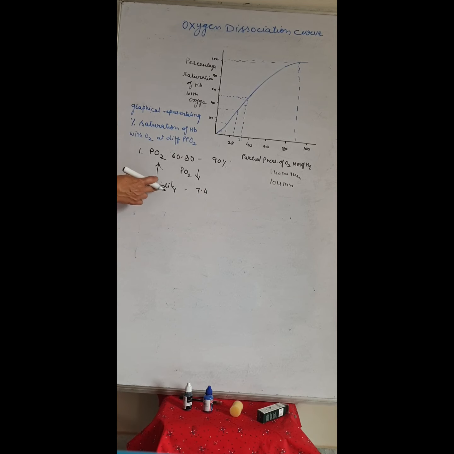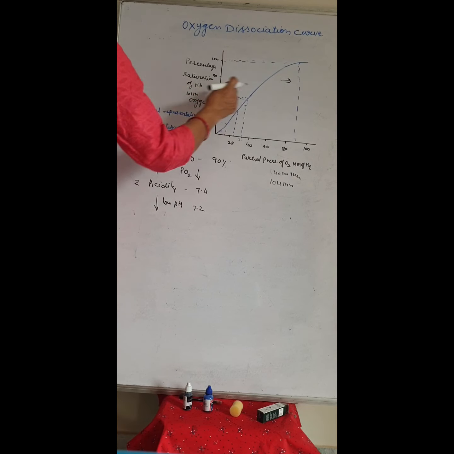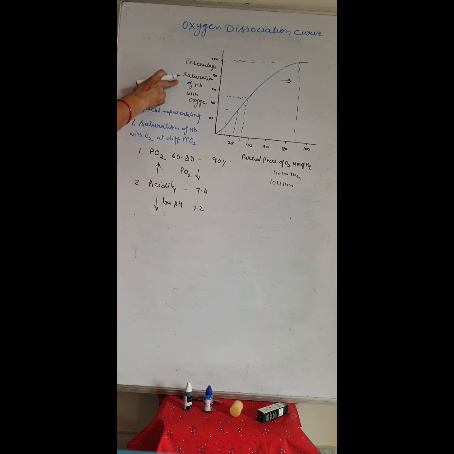When the acidity is increasing, that is at low pH, 7.2 or less, the oxygen dissociation curve moves to the right side, meaning oxygen is freed from the hemoglobin, and the percentage of saturation is lesser.